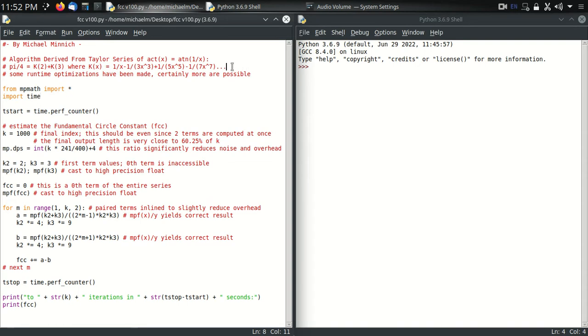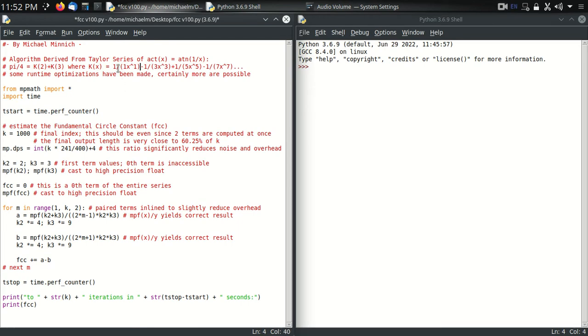Anyway, so most of this is the basic approach here. I don't even understand how this was derived via Taylor series. This was given to me, I just found this. I'm sure I can make sense of it if I needed to, but I don't need to. And it's an alternating infinite series. If we were totally faithful to what's going on here, it would be like this.